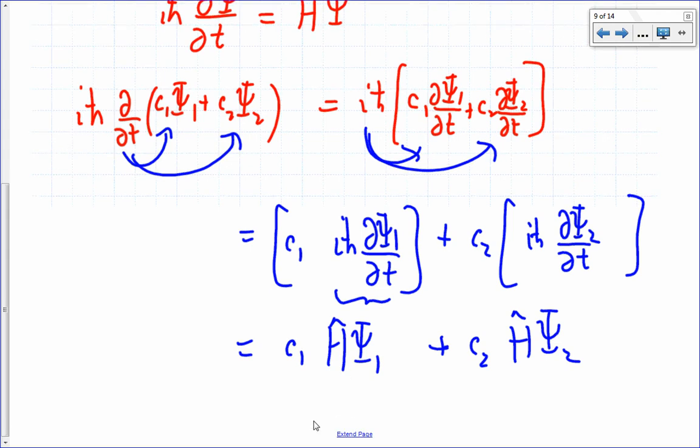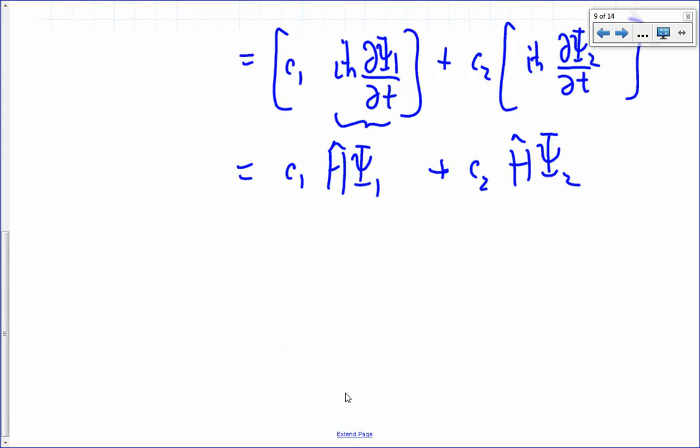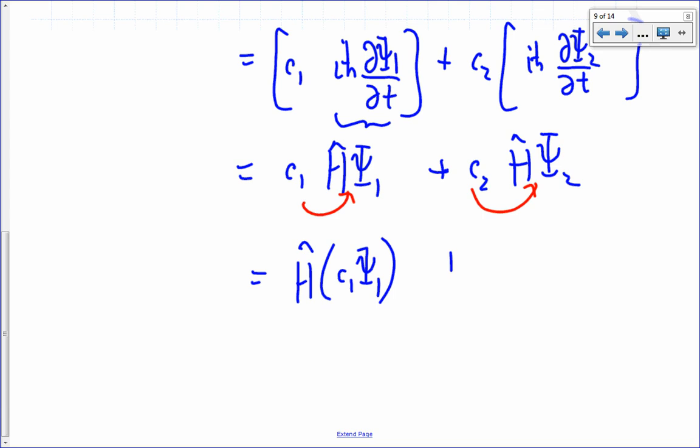Since the Hamiltonian operator is a linear operator, I can move my constants back in. So I can say this is H hat C1 psi 1 plus H hat C2 psi 2.